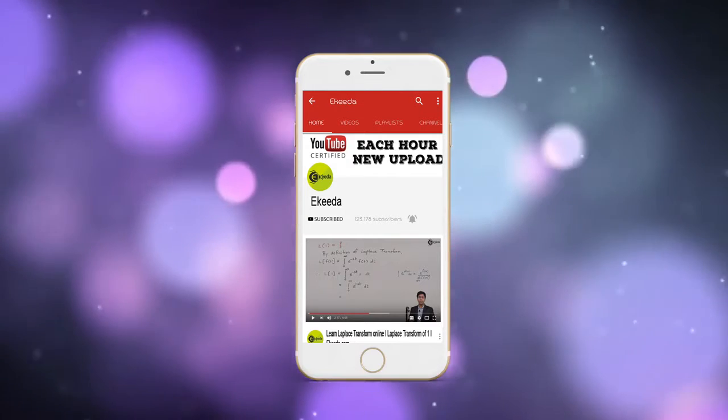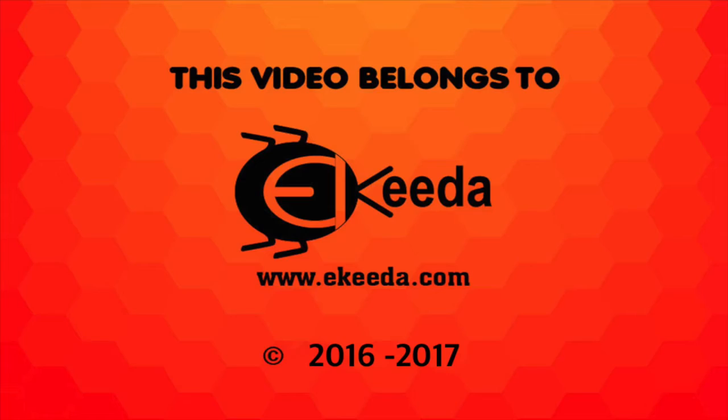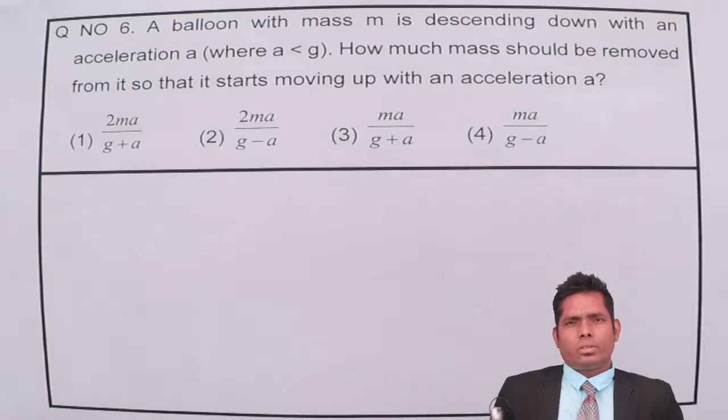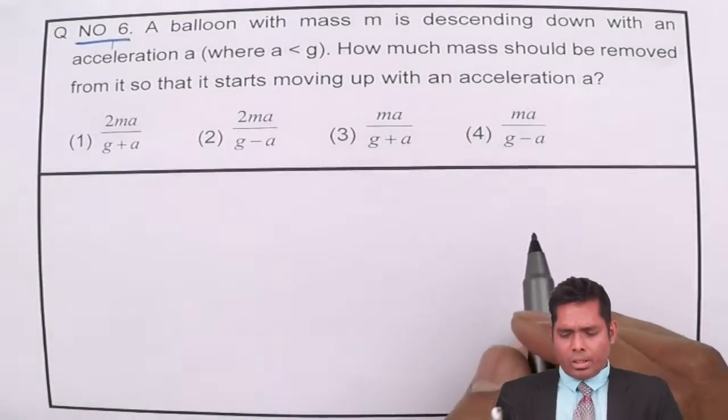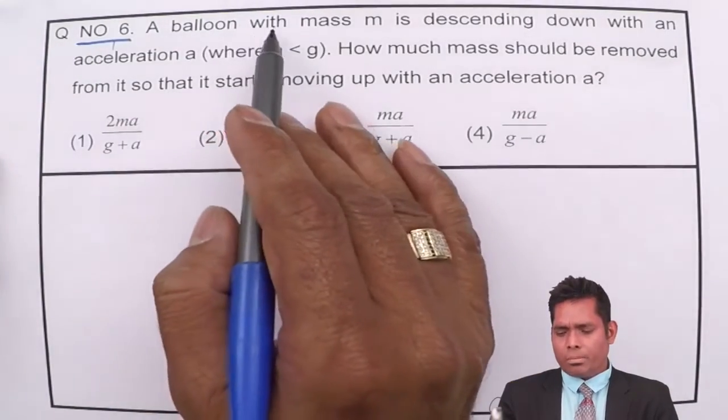Hello students, we will discuss question number 6 of NEET Physics 2014 paper. Let us solve the next question. This question is number 6. It talks about a balloon with mass m.